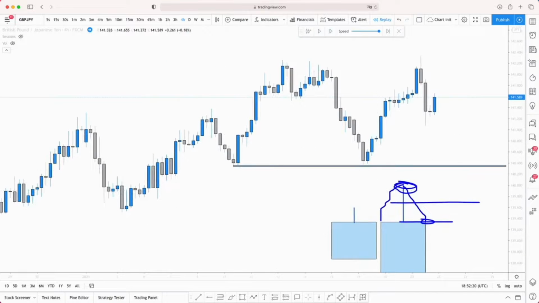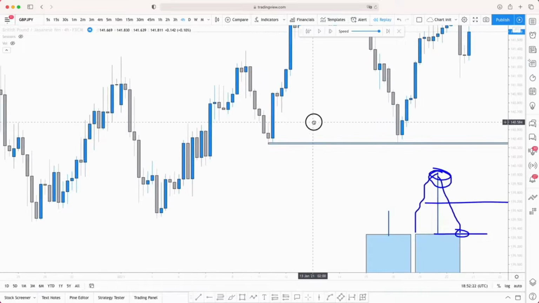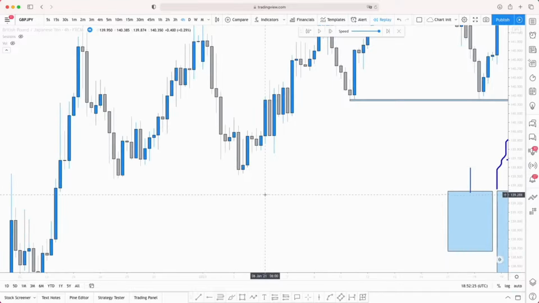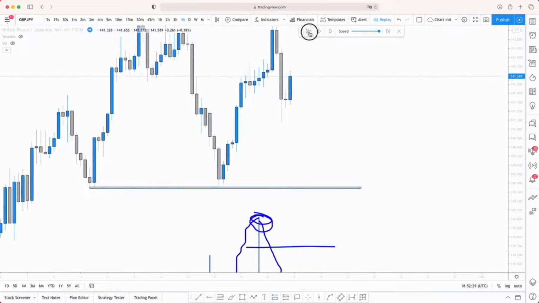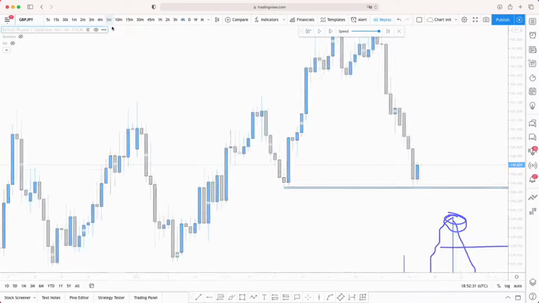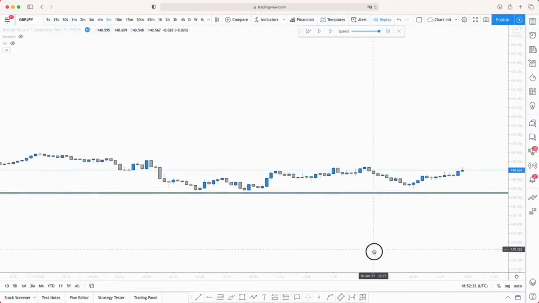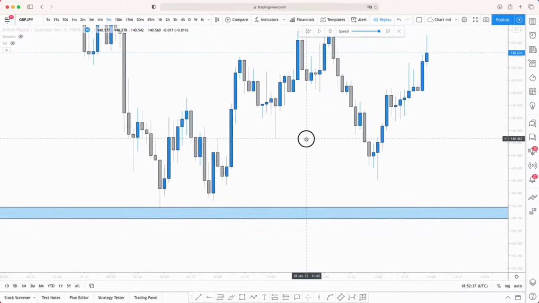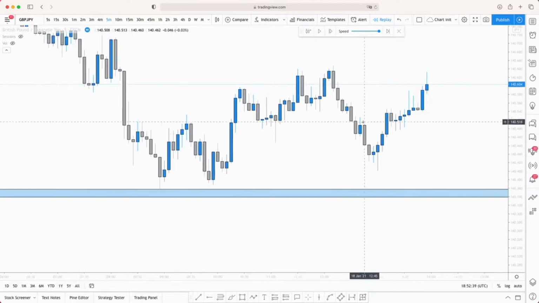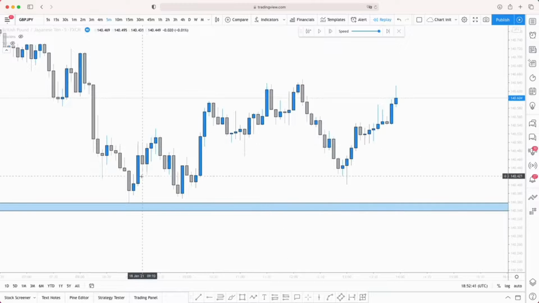So if you see it from this perspective, I'll show you an example. Let me give you an example here. So on the 5-minute time frame, what can we see? We have a break of structure here, impulsively broken.